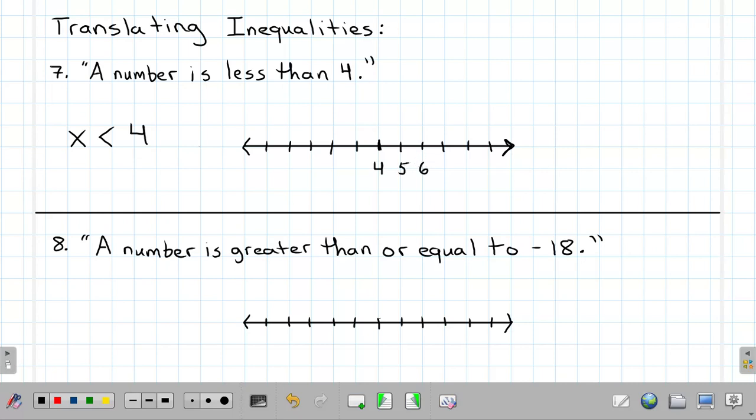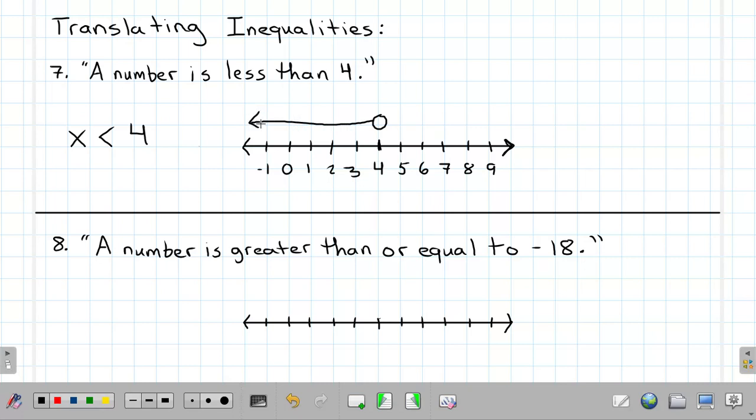We'd start at 4 on our number line. In this case, we would have an open circle because X has to be less than 4. It can't be equal to 4. Okay. And then we want the numbers less than 4. Those numbers are found to the left.